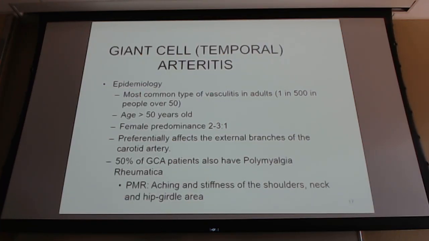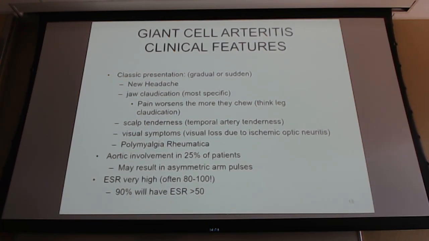So classical presentation. Good slide right here. Individuals will start to have a new headache. They'll have jaw claudication, most specific. So if they try to chew, so if they try to clench their teeth, then they get that pain.